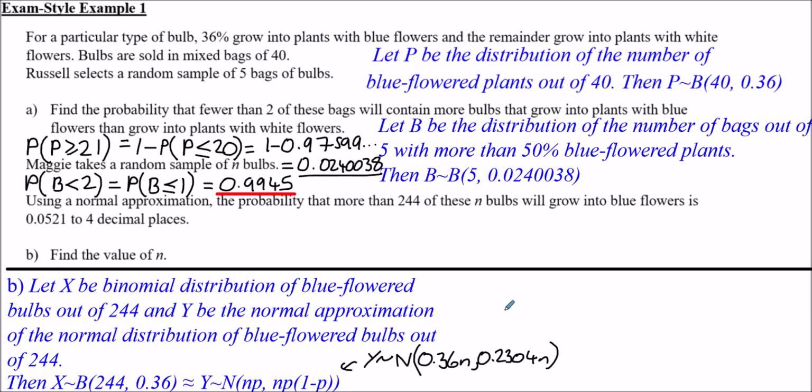So that's the variance, and therefore the standard deviation, sigma, is going to be the square root of that. So sigma is going to be that number square rooted, root n. So what's the square root of 0.2304?